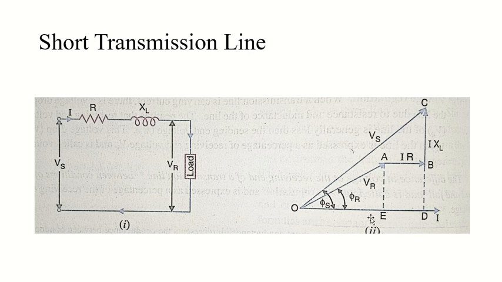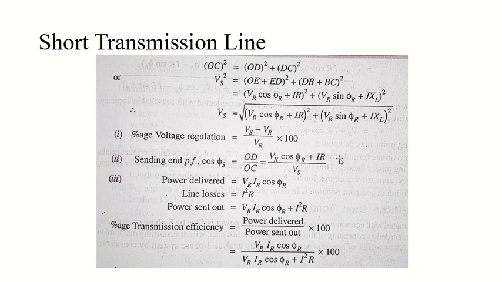So we can write OE as VR cos phi, and this ED will be equal to my IR, right? It will be equal to IR because it is parallel. So what did we do? We wrote VR cos phi R plus IR instead of OE and ED.